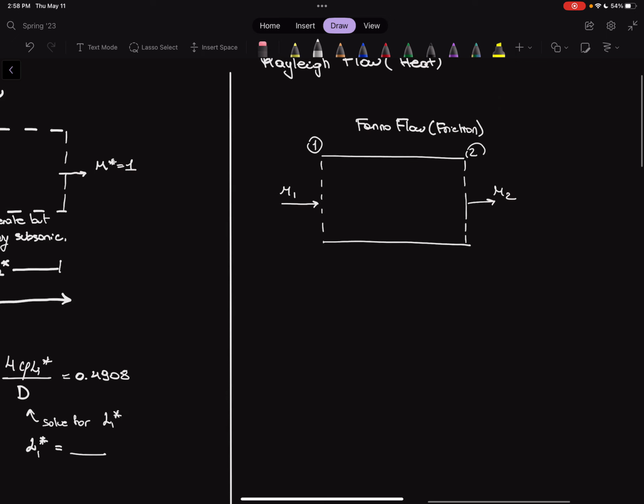So for Rayleigh flow, we deal with heat. So that's a pipe like that, in which we bring some heat here. So we heat the pipe, we heat the flow.